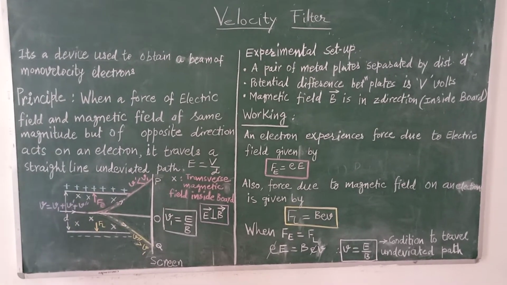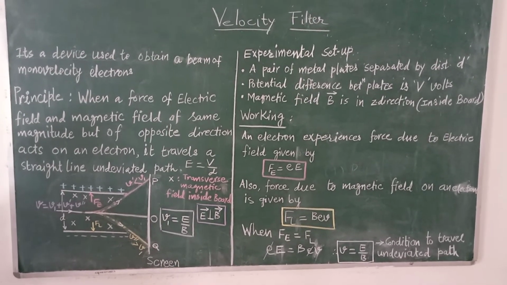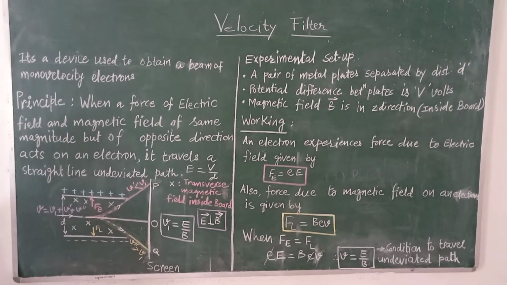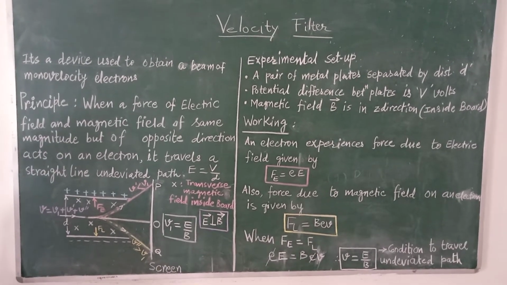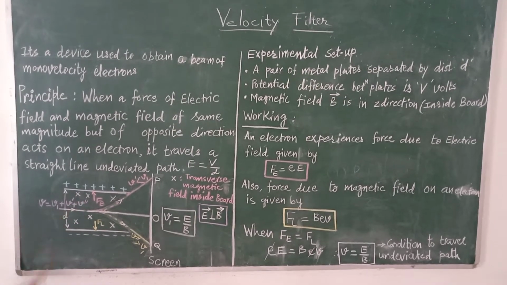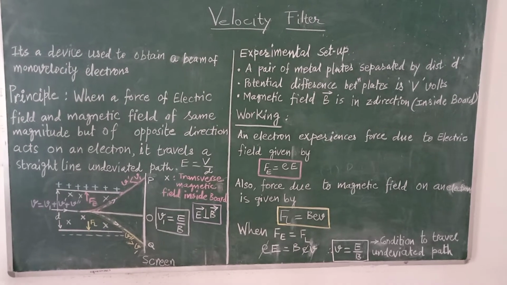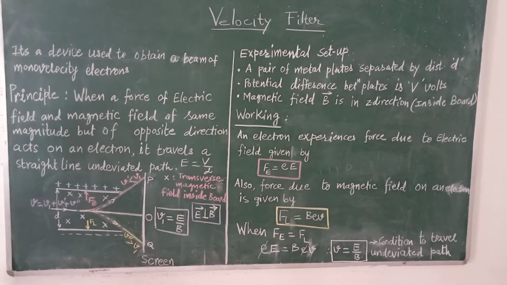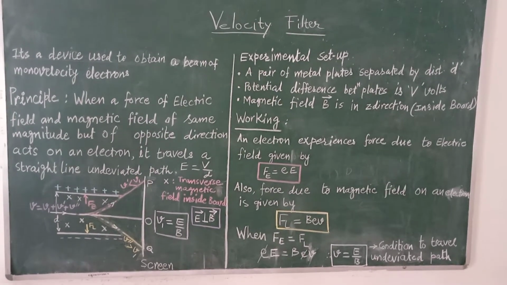and therefore FL is directed in the negative y direction, whereas the force due to the electric field is in the positive y direction. So Fe and FL are the forces generated due to the uniform electric field and the magnetic field.